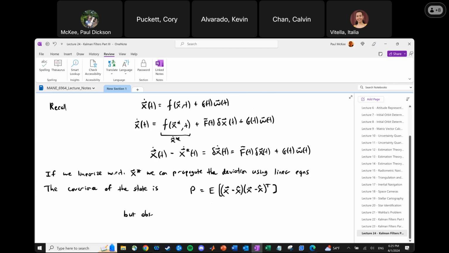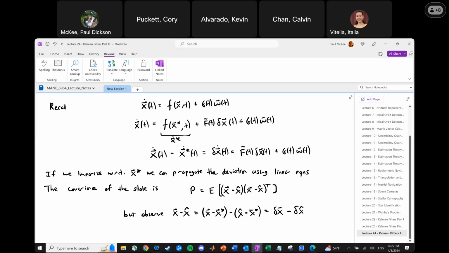Observe that the state minus our best guess is the same as the state minus the reference minus our best guess minus the reference, which is the same as the true deviation minus our best guess at the deviation.